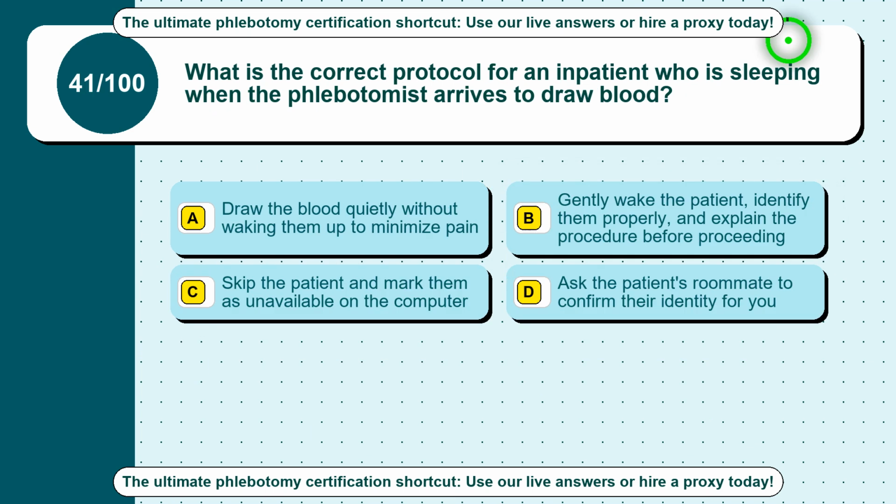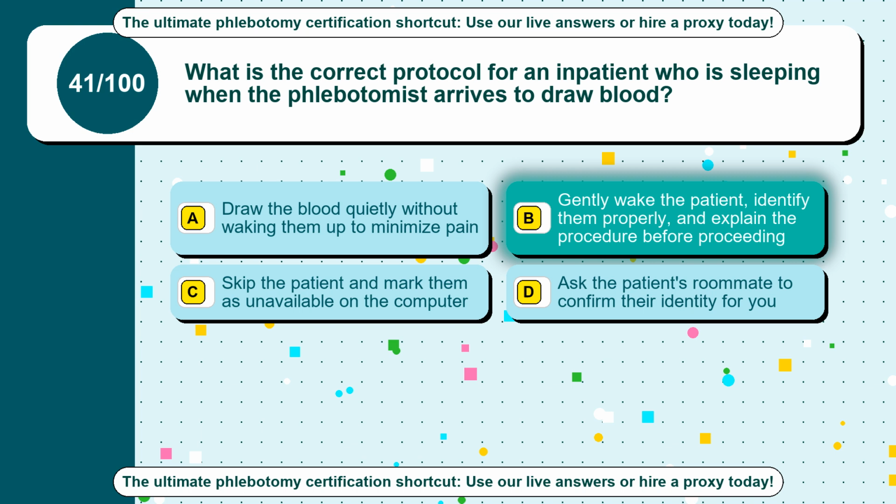Question 41. What is the correct protocol for an inpatient who is sleeping when the phlebotomist arrives to draw blood? Option A, draw the blood quietly without waking them up to minimize pain. Option B, gently wake the patient, identify them properly, and explain the procedure before proceeding. Option C, skip the patient and mark them as unavailable on the computer. Option D, ask the patient's roommate to confirm their identity for you.